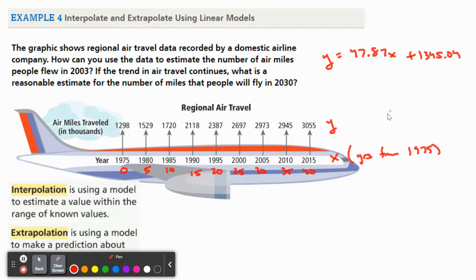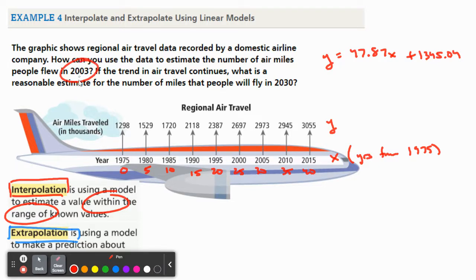Okay, so I've done that for you. So now I want to really talk about using the trend line to predict values or estimate values. And these two words down here, the first one is called interpolation, and the second one, in blue, is called extrapolation. So interpolation is using a model to estimate a value within the range of known values. So they're giving us two dates.